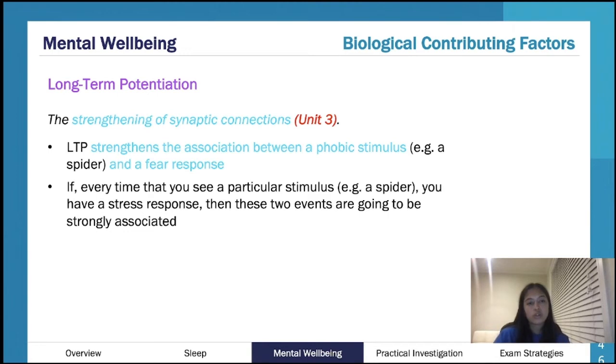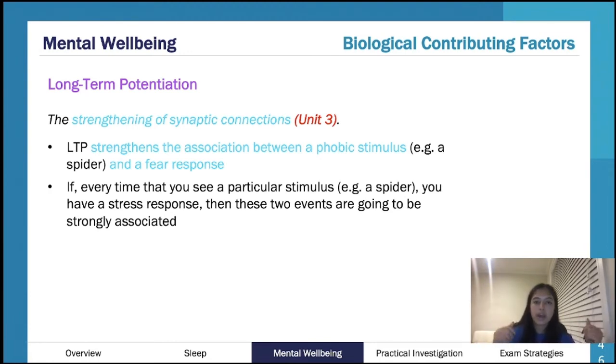Okay, so long-term potentiation is again something you saw in Area of Study 1, I want to say. Anyway, Unit 3. It's the strengthening of synaptic connections. If we think about specific phobia, you're basically strengthening the association between fear and a certain stimulus.